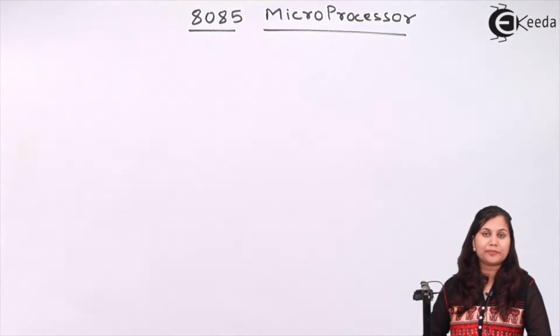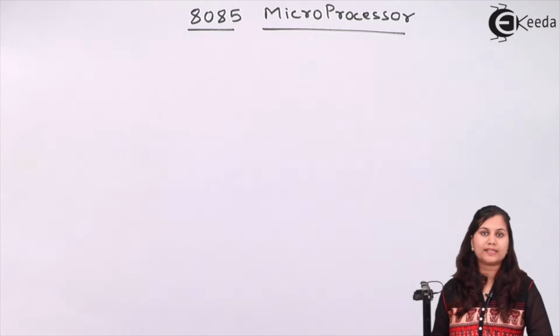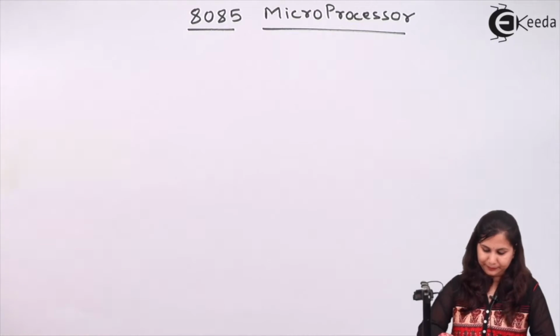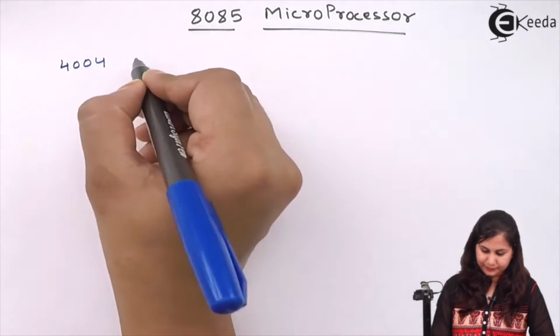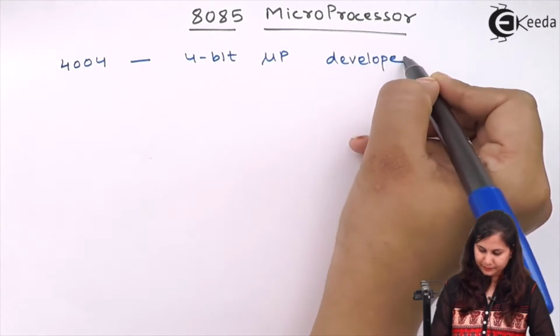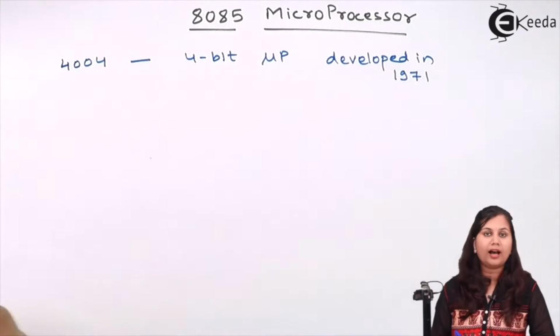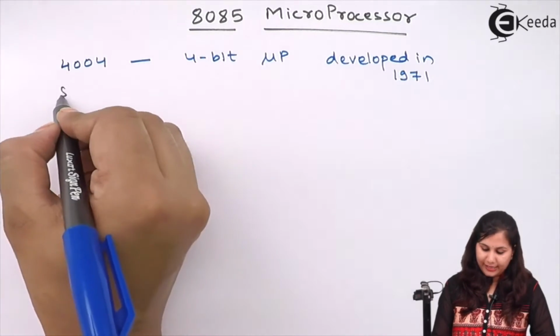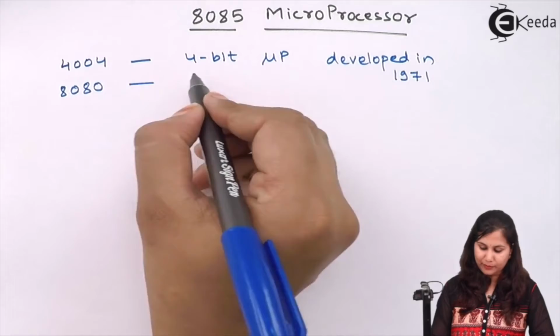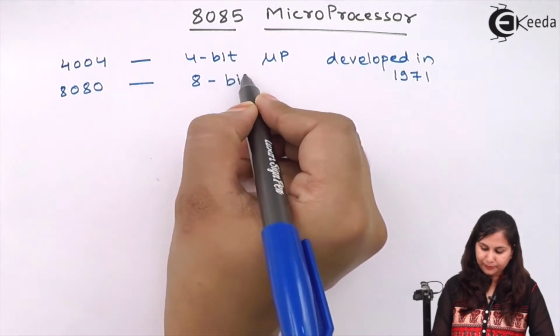The first microprocessor developed was 4004 and it is a 4-bit microprocessor. It was developed in 1971. After that, the 8080 microprocessor was developed. It was an 8-bit microprocessor.